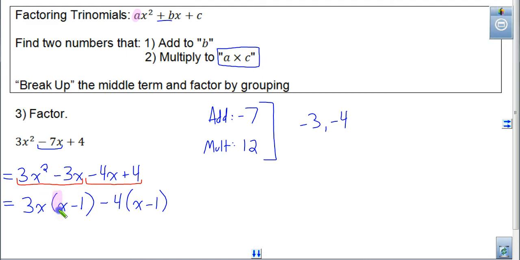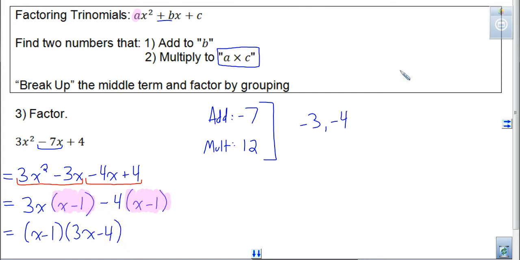What we see here is x minus 1 is a common factor. x minus 1 is multiplying both of those terms. So we can factor this into x minus 1 as my common factor, and then I'm left with 3x minus 4.